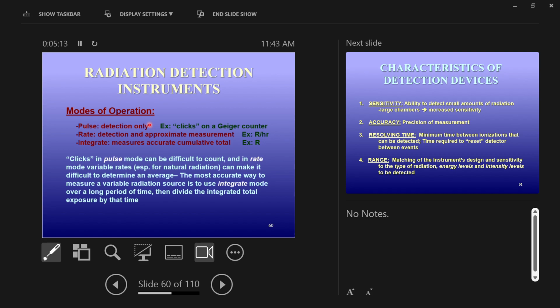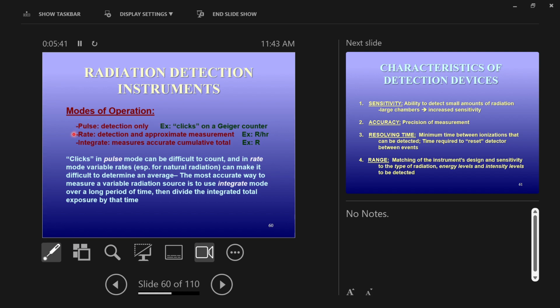Started to click all crazy, okay? That's a pulse detection method where basically every ionization event gets detected, generates a small current. That current tells the machine to sound an alarm, which is in the form of a click. Okay, so every time that thing clicks, that's representing a detection of a single ionization event. And that's what we think about being done on a Geiger counter.